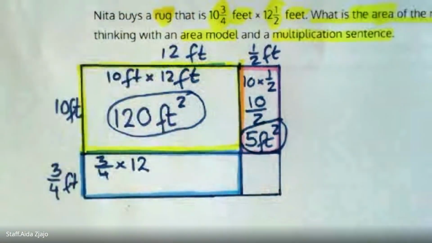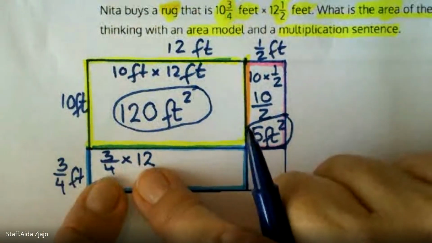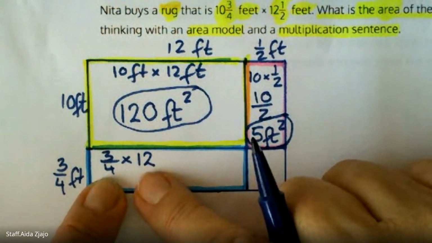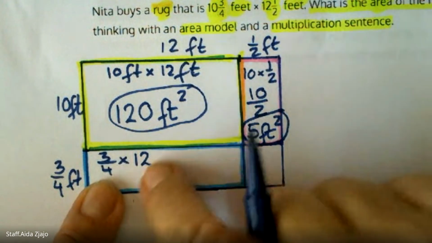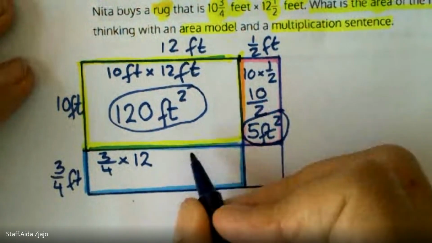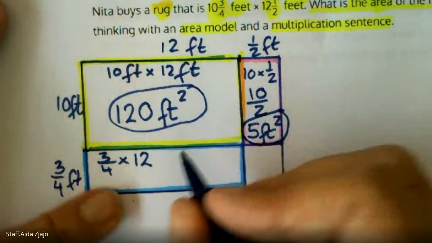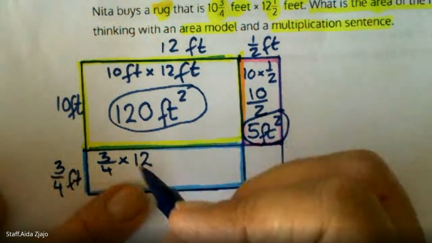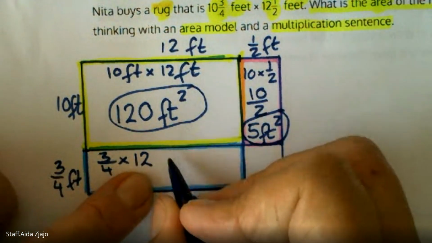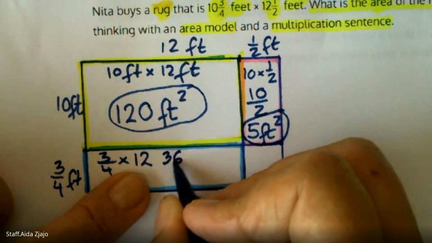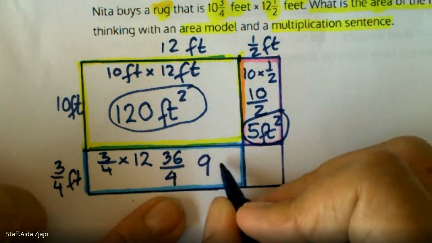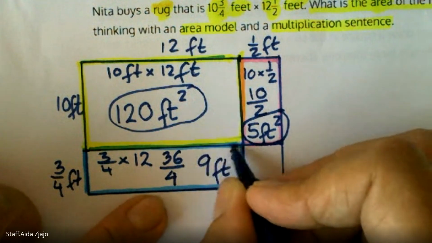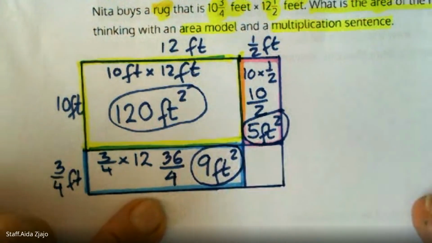That's another way: if I divide 12 into 4 pieces, that would be 3 each, and I only need 3 out of 4 pieces, so that should equal 9. If you don't see that, 3 times 12 is 36, and when you divide by 4, that equals 9 square feet. So here is the final on that.